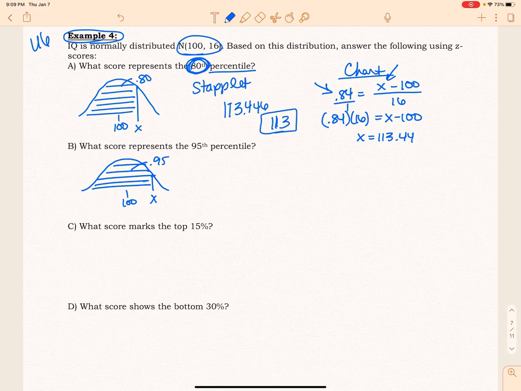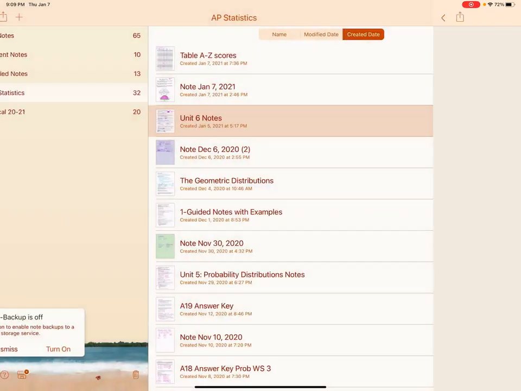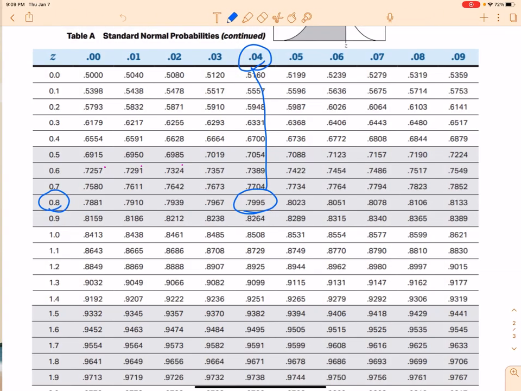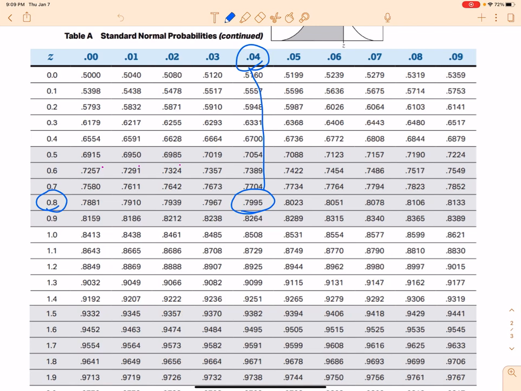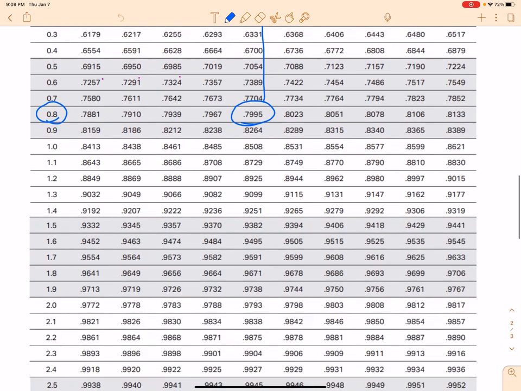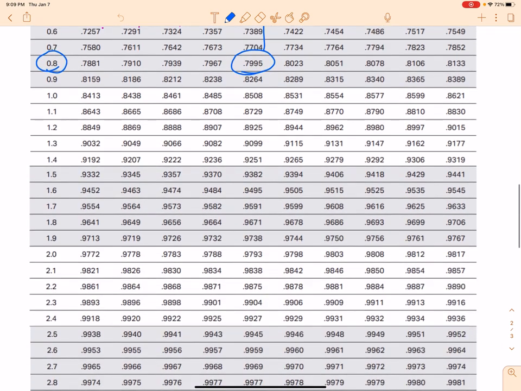So we're going to use the chart again for this one, so you'll get some extra practice. So using the chart, I'm going to find an area as close to 0.95 as I can. So I'm just going to look down through here. Which one's the closest? Well, I've got 0.9505 and I've got 0.9495.